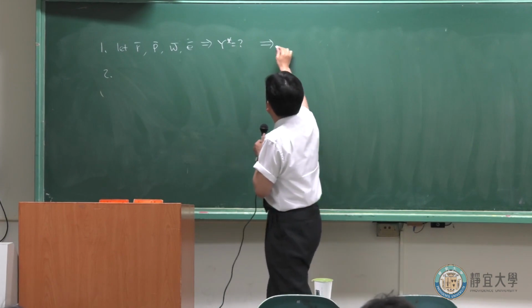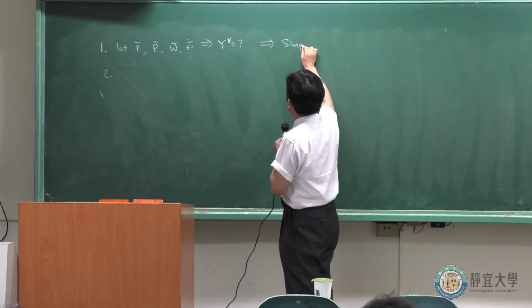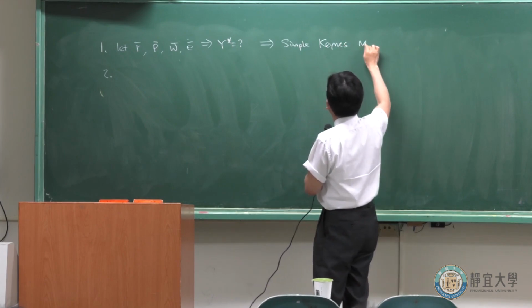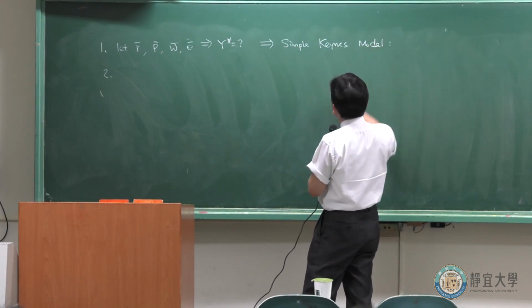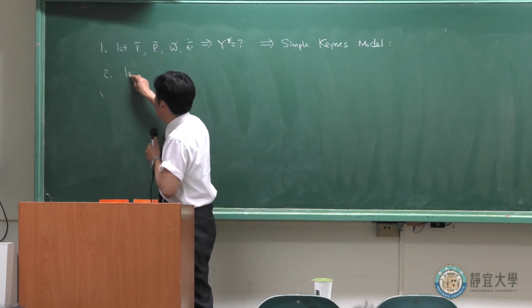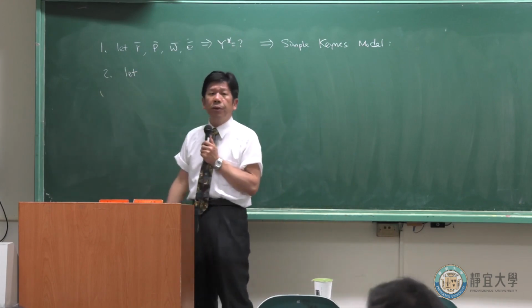This is what we call the simple Keynes model. Okay, so we mentioned it before. Did you remember? And now we just try to tell the second story.